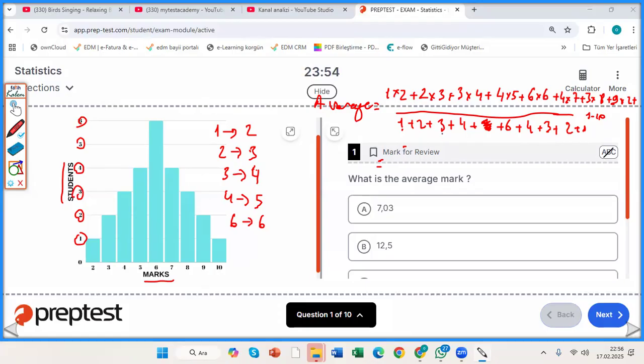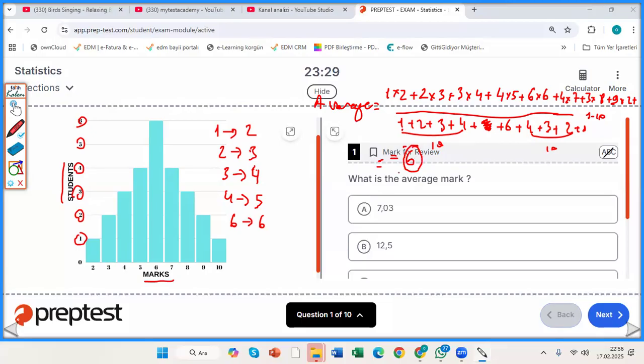I'm going to check once again. Yes, this part is 10, and this part is also 10. And yeah, sorry, 26. Okay. So right now, as you can realize, the average value is 6.